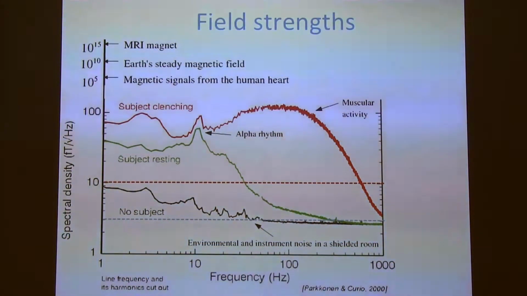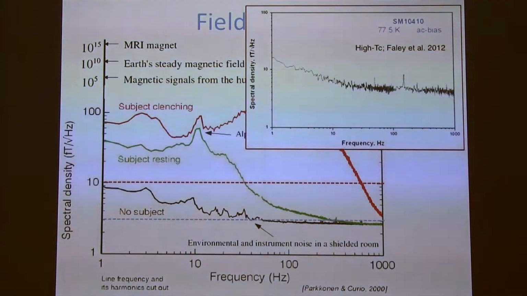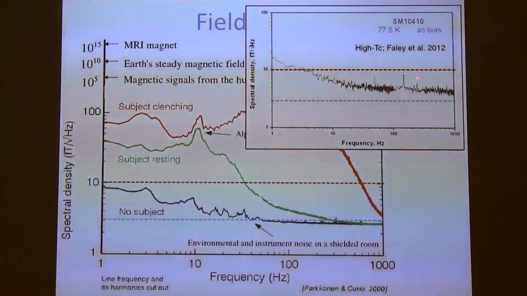While coming here, I read some of your papers. I found this paper by Faley et al., 2012, showing high-Tc SQUID noise, and it is really nice.